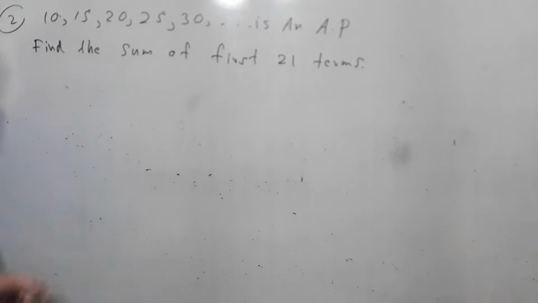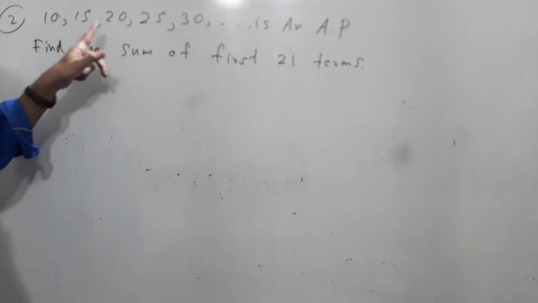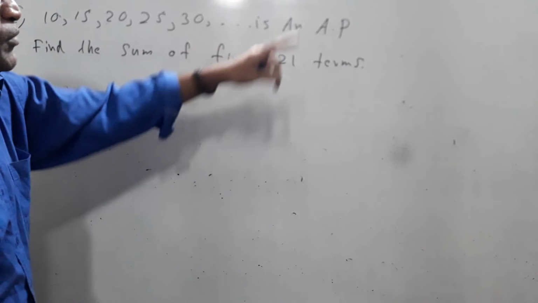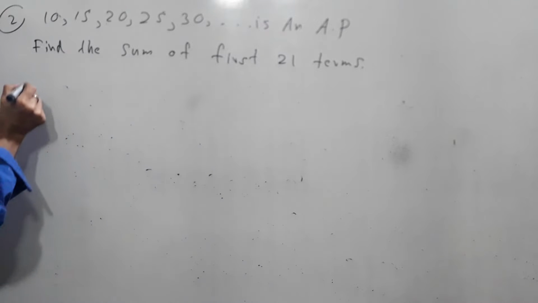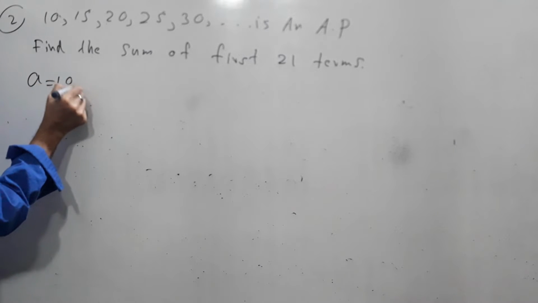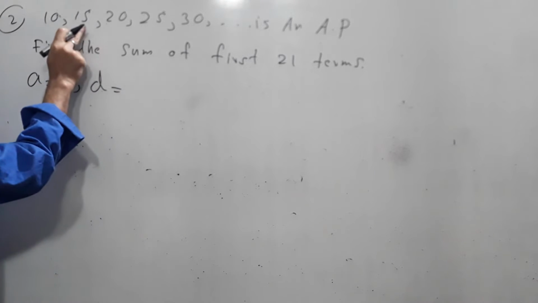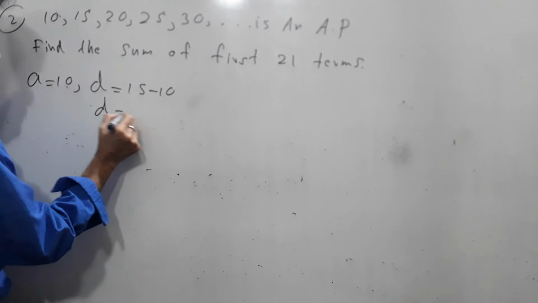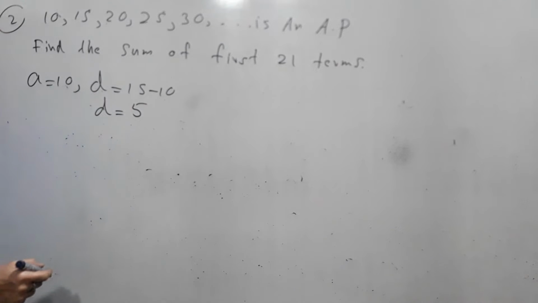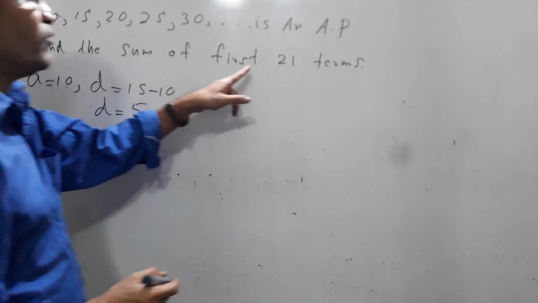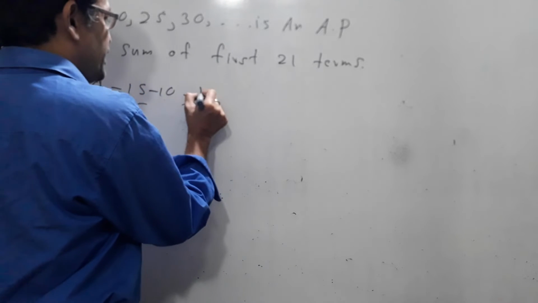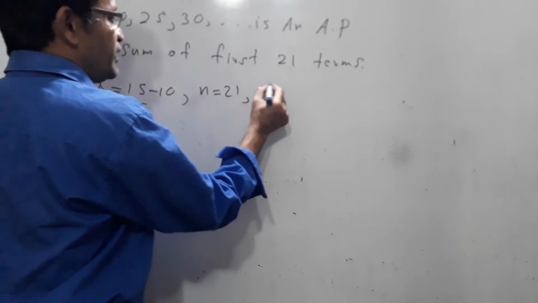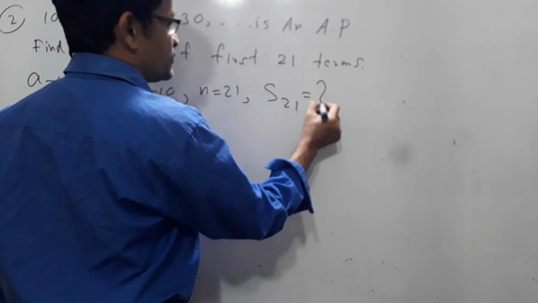The progression is given: 10, 15, 20, 25, 30 is an AP. So a equals 10. d equals second term minus first term, 15 minus 10, so d equals 5. They ask to find the sum of 21 terms, that means n equals 21. They ask for S21.